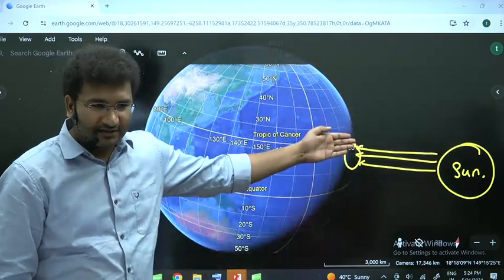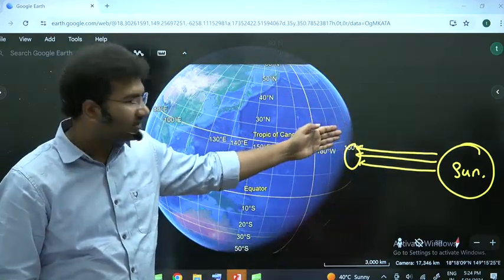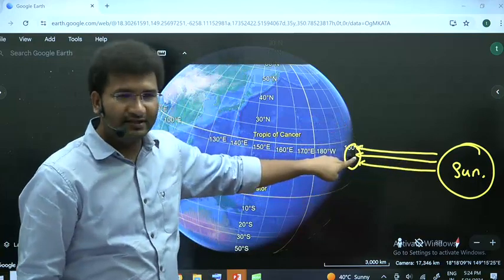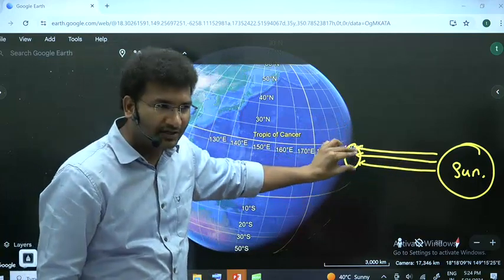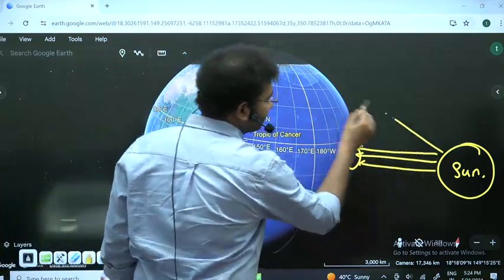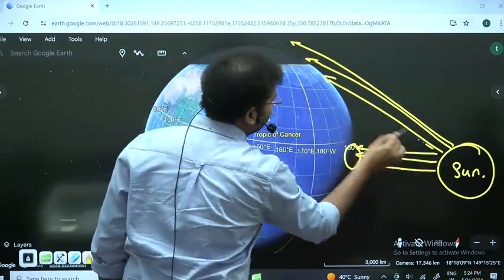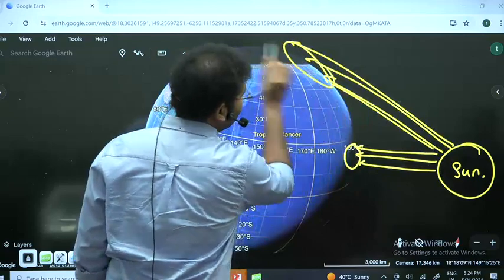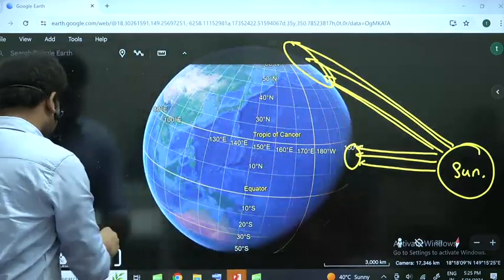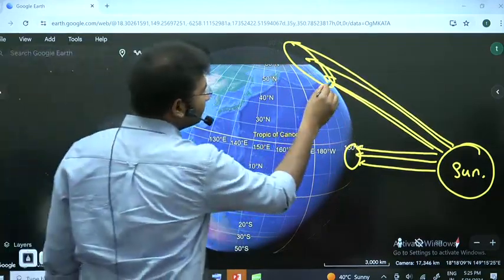Look at the angle here. The angle of incidence of the sun's rays is coming directly and falling on this part of the area, and they are covering a very small area. But if the same sun rays look at this place, are they covering a larger surface area?